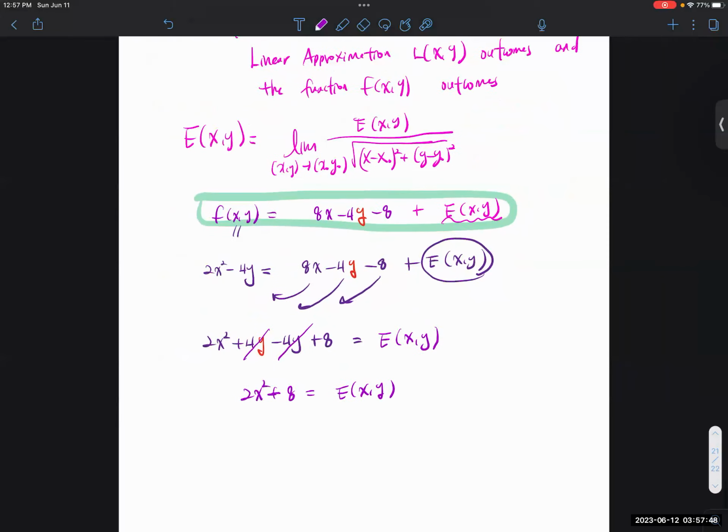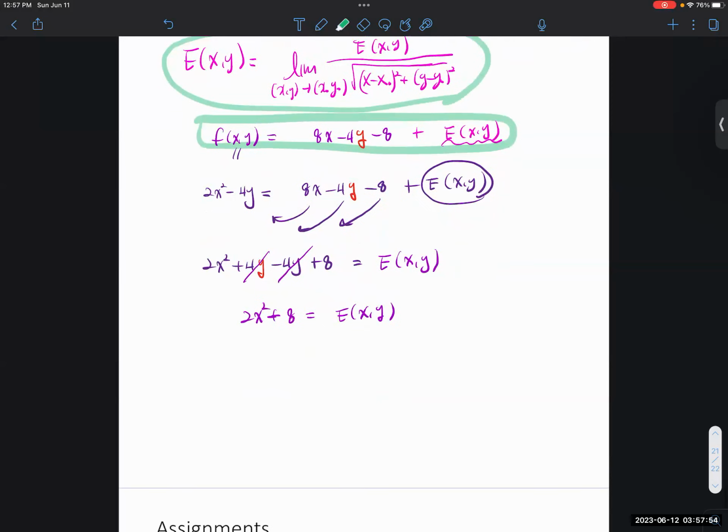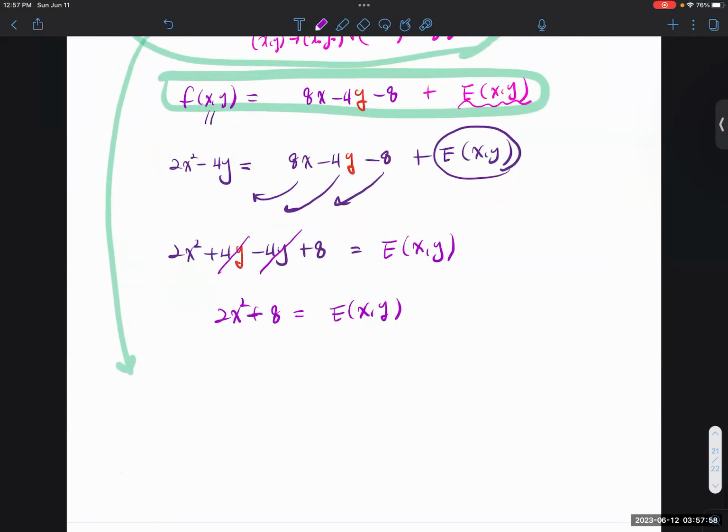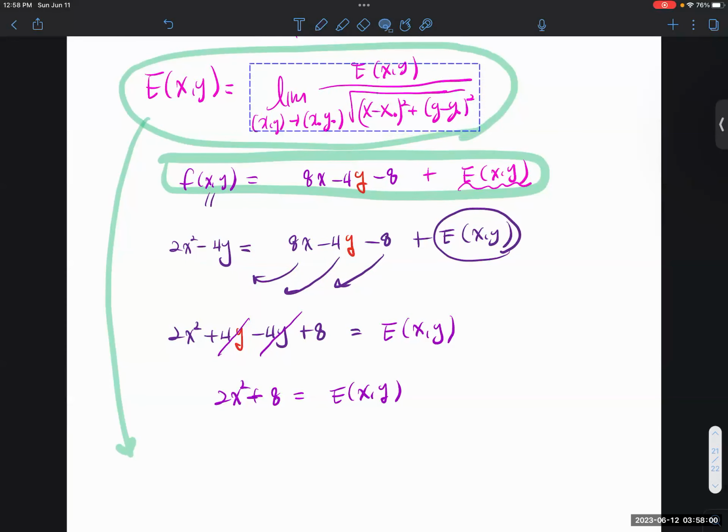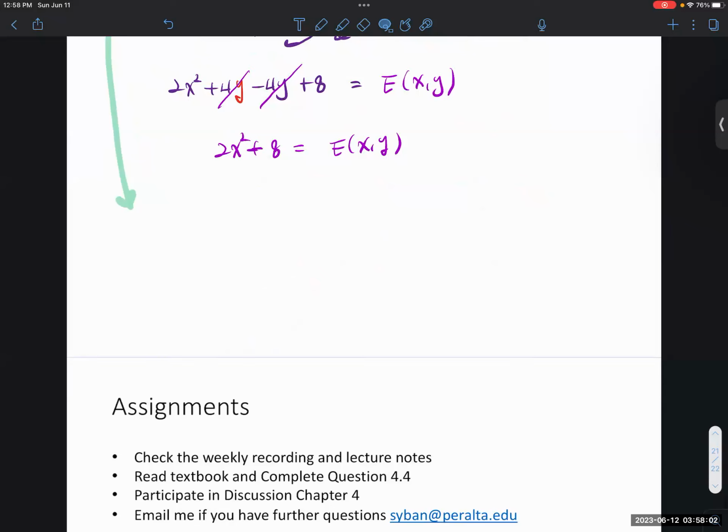So we have this formula. I'm going to bring here a little bit of work. I'm going to copy this and paste.